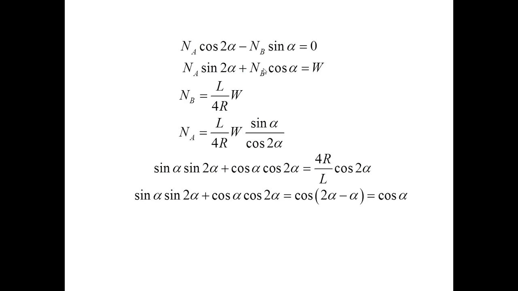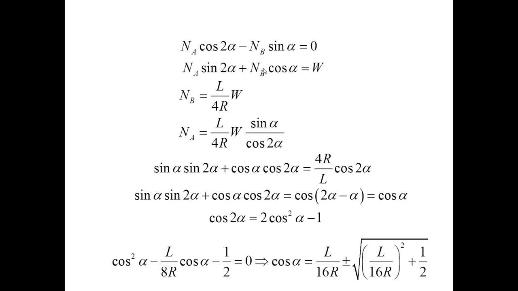For the left-hand side, I observe that I can use the trigonometric identity for the cosine of a difference of two angles, which simply tells me that the left-hand side is cos alpha. For the right-hand side, I will use the equation for the double angle, and now I can put it together and I obtain a quadratic equation for cos alpha, and I can solve it to obtain this result.